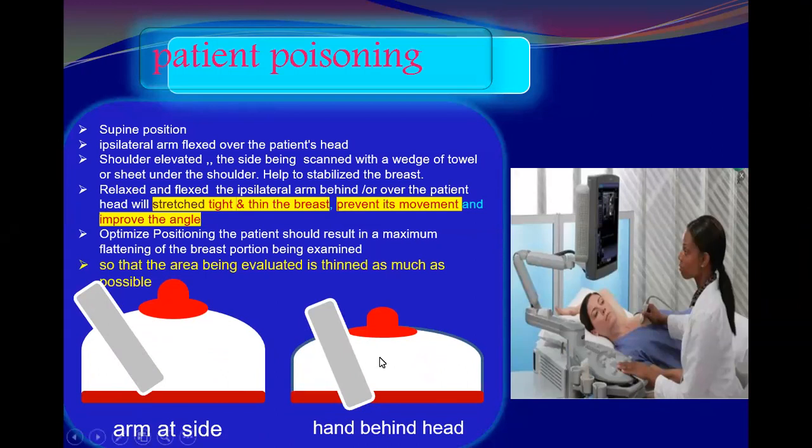When elevated above the head, look at how the breast becomes thinner and tight. So optimized positioning should result in maximum flattening of the breast portion being examined, so that the area being evaluated is as thin as possible.